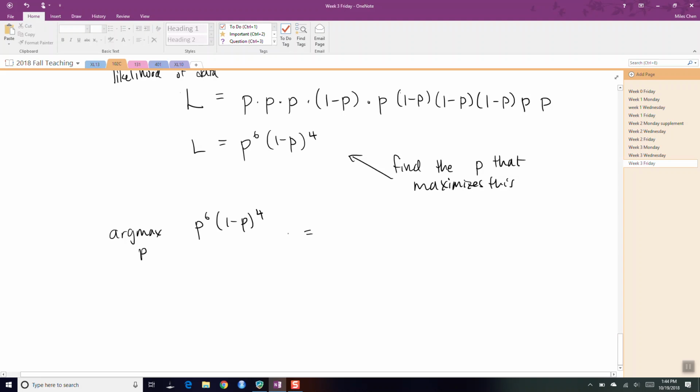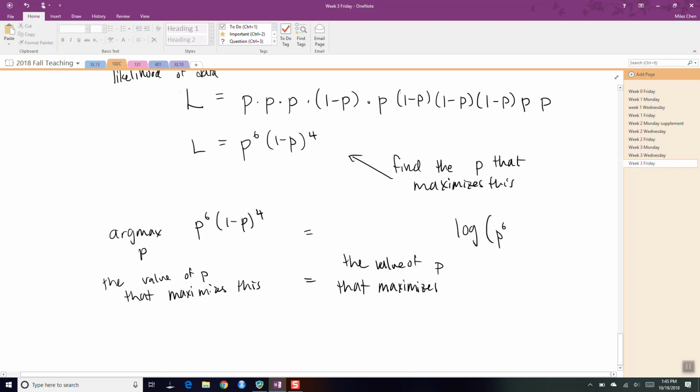So the argument that will maximize this, the value of p that maximizes this, is equal to the value of p that maximizes the log of p to the 6th times 1 minus p to the 4th, okay?